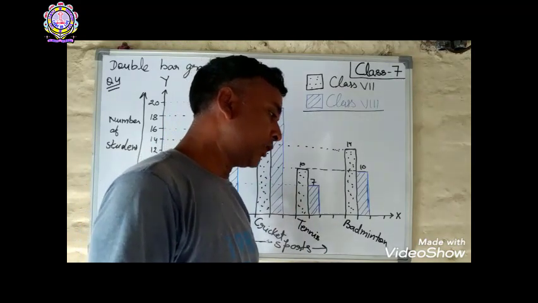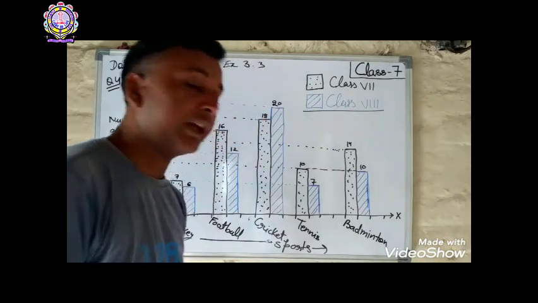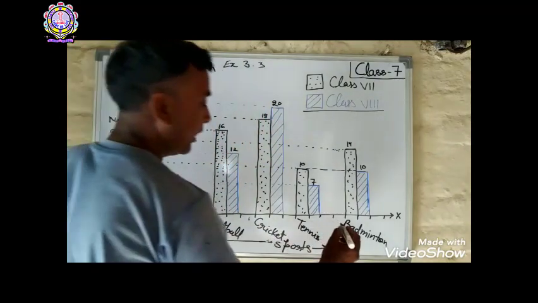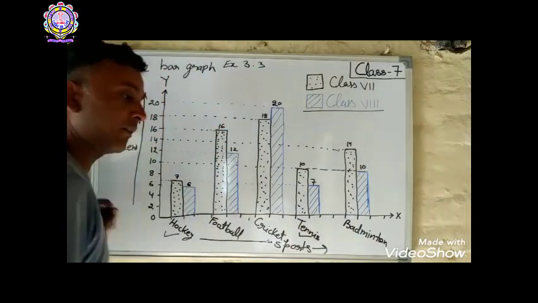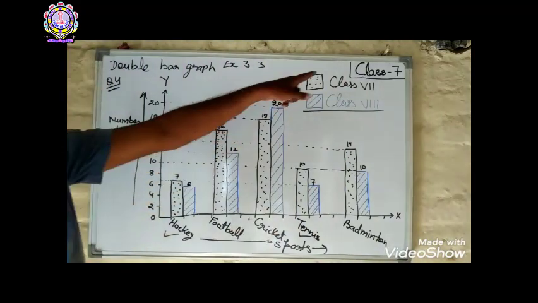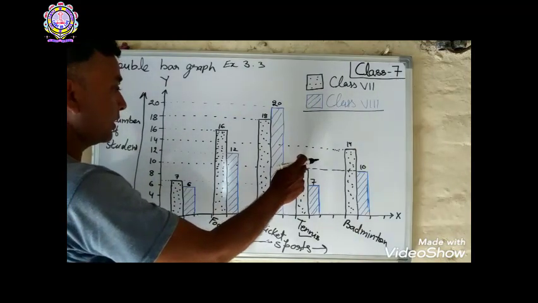Second question, how many students of class 7 like hockey and tennis in all? Hockey and tennis of class 7th students. Class 7, so what's the black column? There's a 7 and there's a 10.